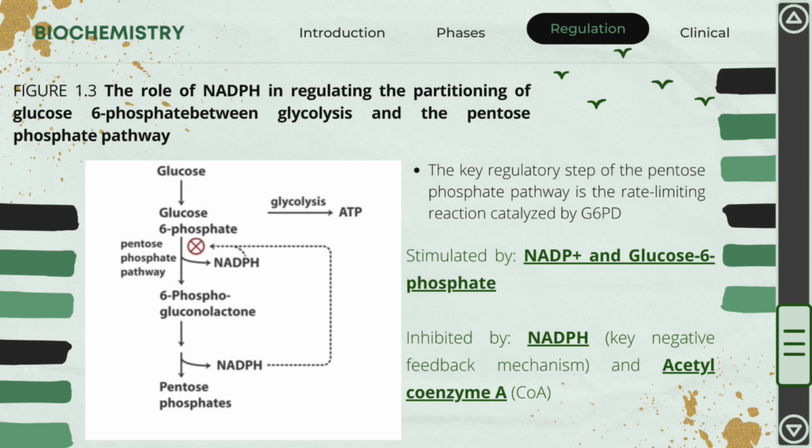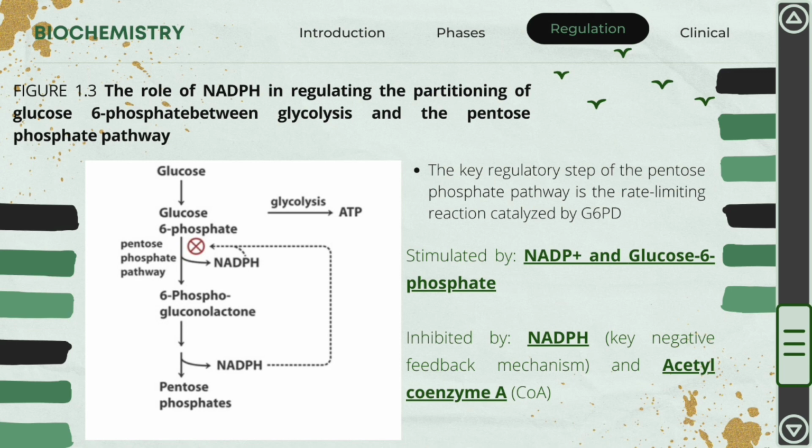So to elaborate, low levels of NADP plus inhibit the dehydrogenation of glucose 6-phosphate because NADP plus is required as the electron acceptor, and the NADPH competes with NADP plus in binding the active site of the enzyme.